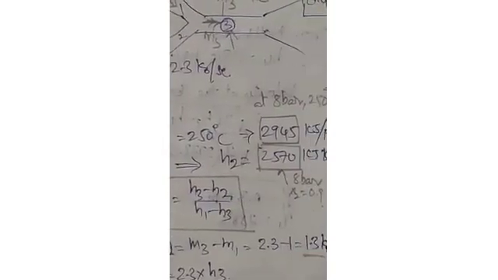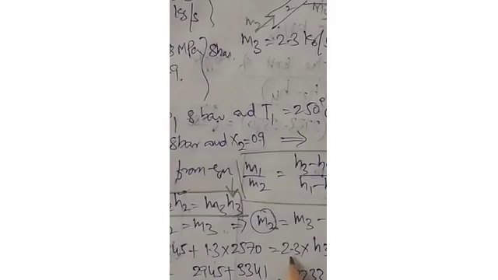So M2 is 1.3. From this equation, we can substitute the values of M1, M2, M3, H1 and H2 to get the value of H3.